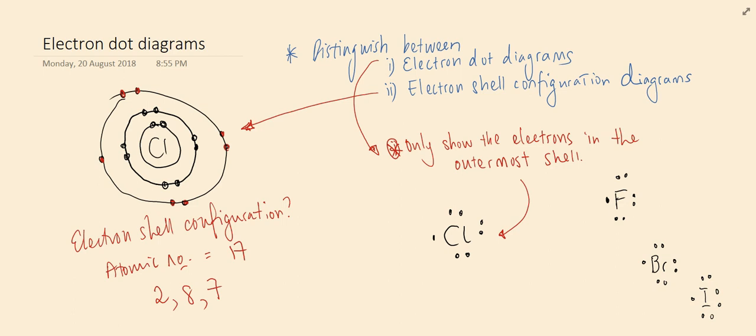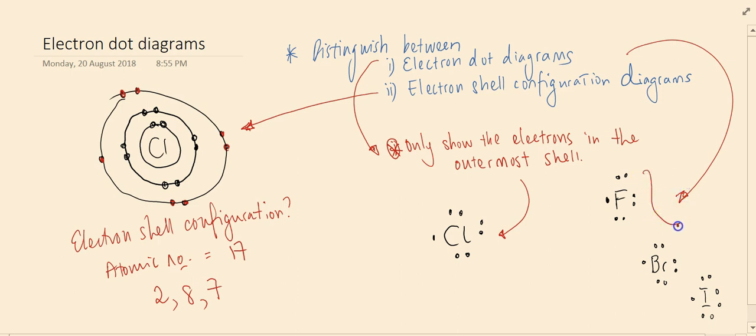These are all the electron dot diagrams for the group 17 elements, or group 7 by the classical numbering system. Okay, so that there is the electron dot diagrams. Hopefully you are able to distinguish between electron dot diagrams and electron shell configuration diagrams.